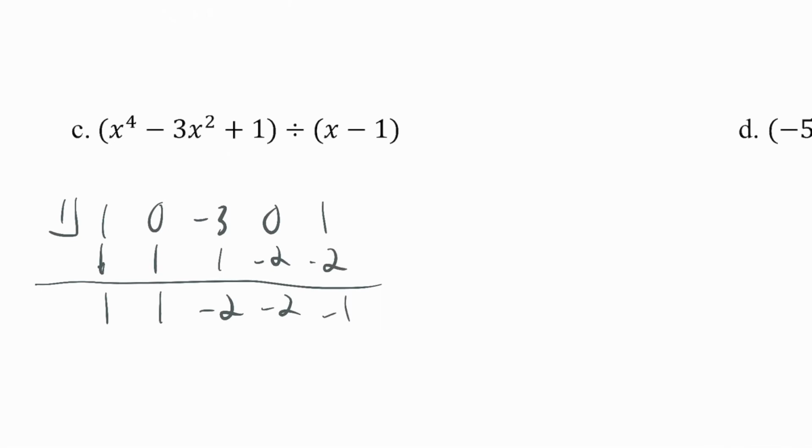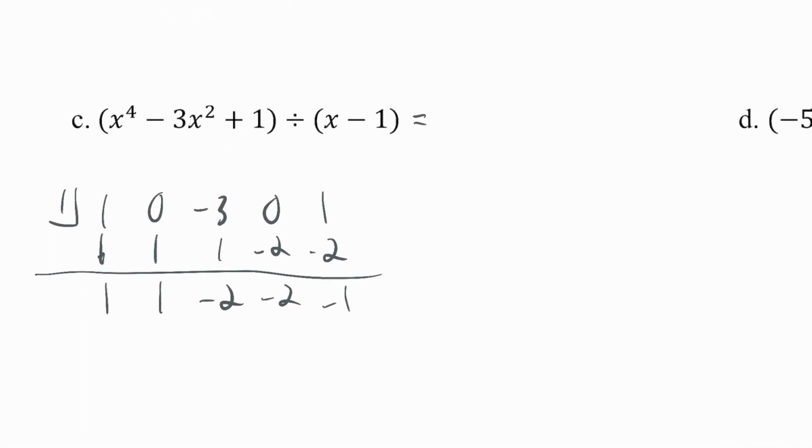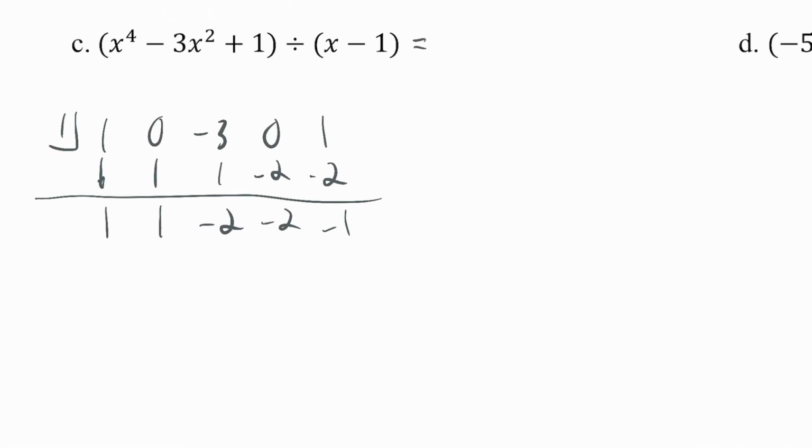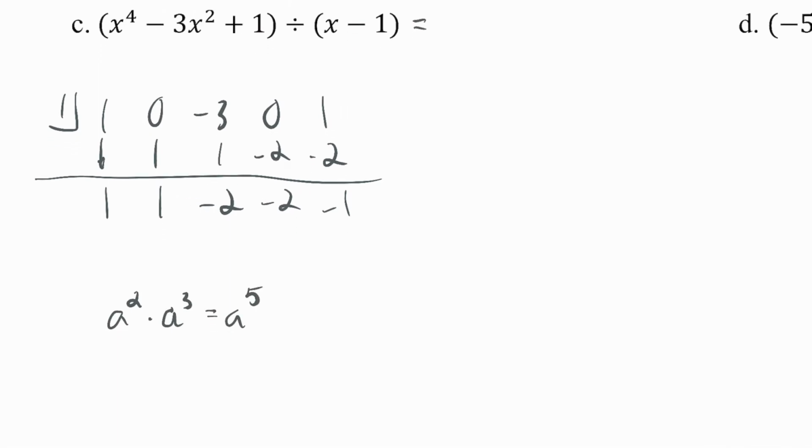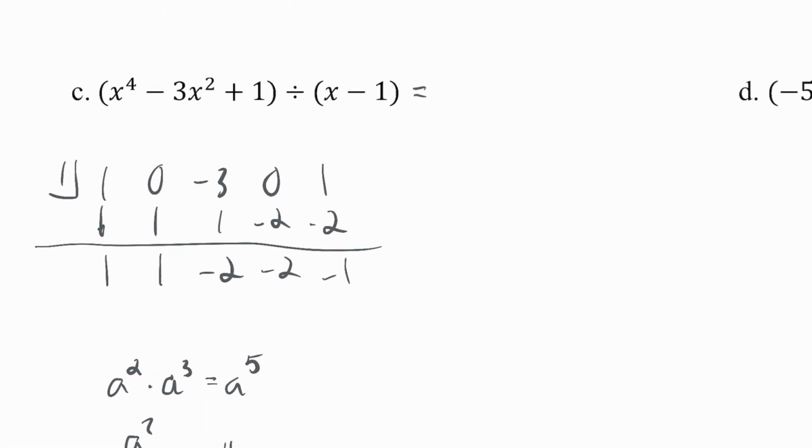You might wonder, okay, that's great and all, that's the coefficient, but what is the degree of the term? Just like when you have a squared times a cubed, that's a to the 5th, the exponents add together when the bases are the same. If you have a to the 7th over a cubed, this would be a to the 4th, right? You subtract the exponents. So this is degree 4, this is degree 1, so the result is degree 3.